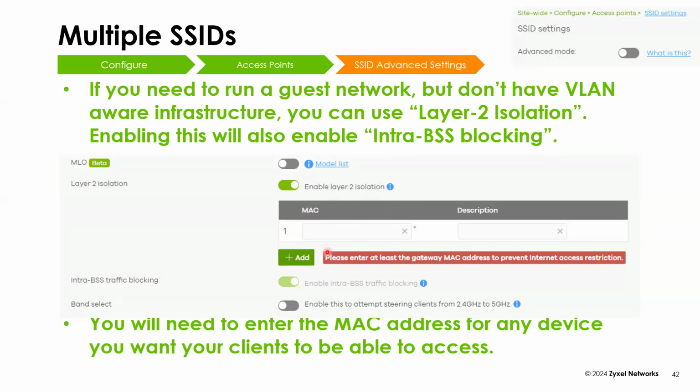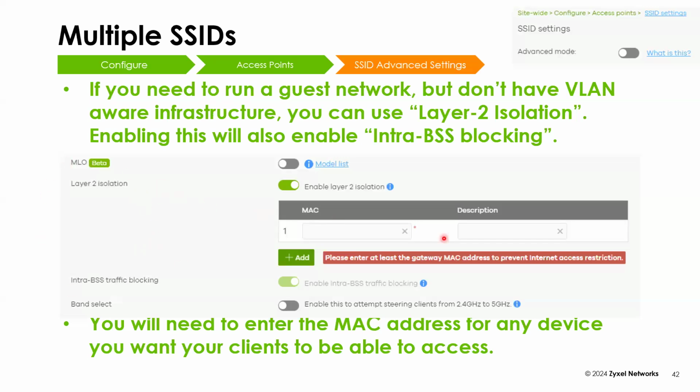So in a hotspot scenario, oftentimes you will only give them access to the WAN MAC address. So they can only send data there to go out to the internet. They cannot send data to any other device on the wireless network. Now keep in mind, this is from the wireless user to the local area network. It does not block traffic from your local network to the wireless network.